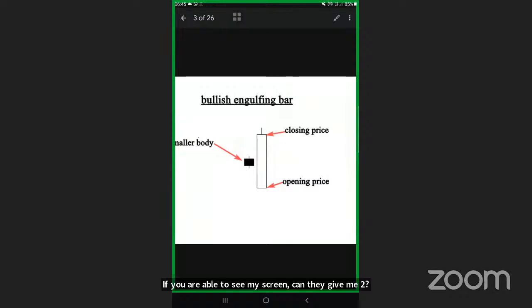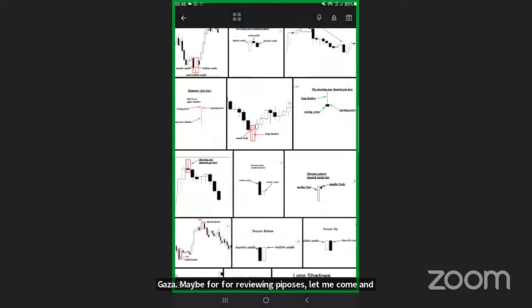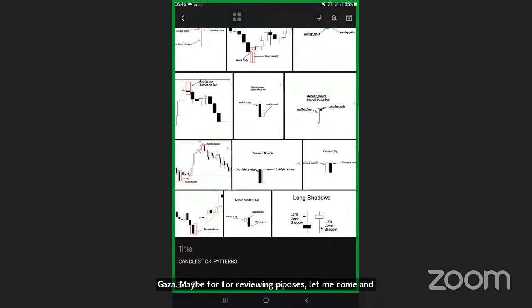Okay. So yesterday we looked at a bearish engulfing bar. Maybe for review purposes, let me bring up the bearish engulfing bar so that we pick it up from there. All right.